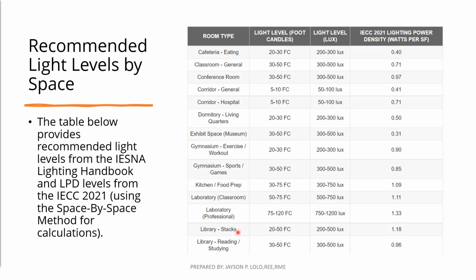I consider this table because under the architecture course, you are designing the interior of a structure or building. So I attach the recommended light level and also the watts per square foot. You are the one who will convert it into square meters.